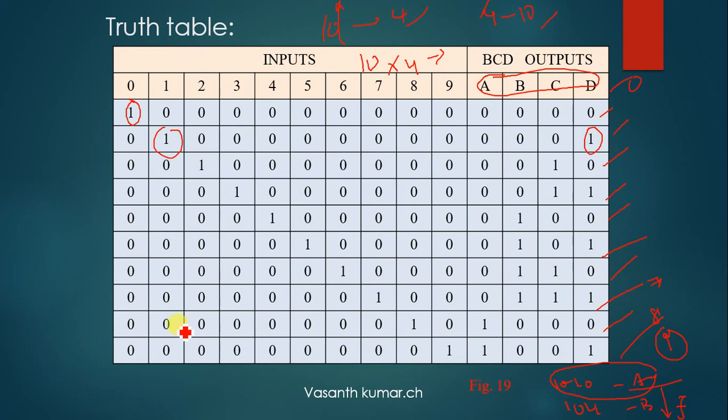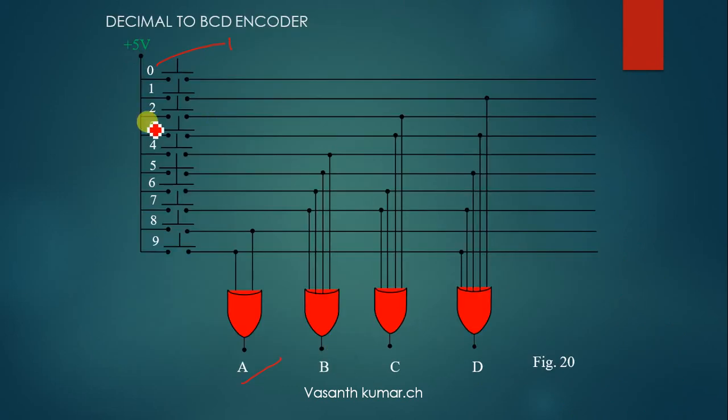Similarly, for what combinations will you get 7 as high, so that B, C, D all should be high? In order to get 7 as high, 4, 5, 6, 7 also should be high in order to get the B function.